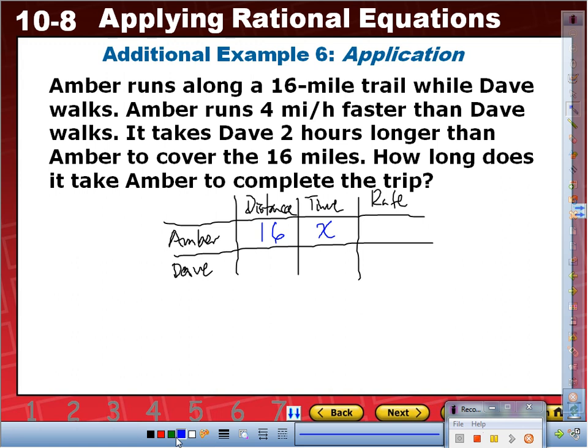And the rate, it looks like here we're writing as miles per hour. So we're going to write miles over hours. What were the miles? 16. And do we know how many hours? No, over x.